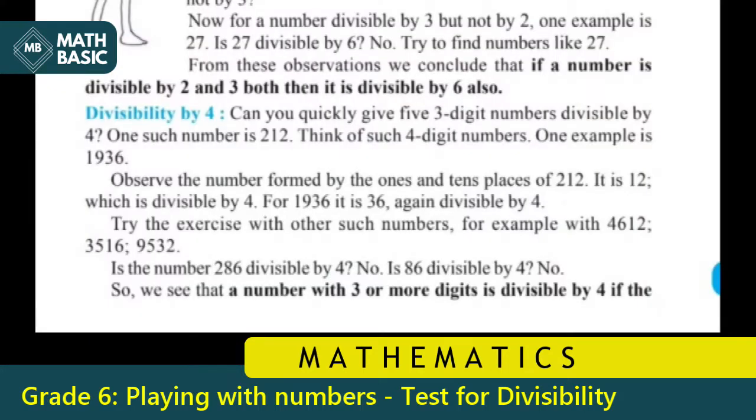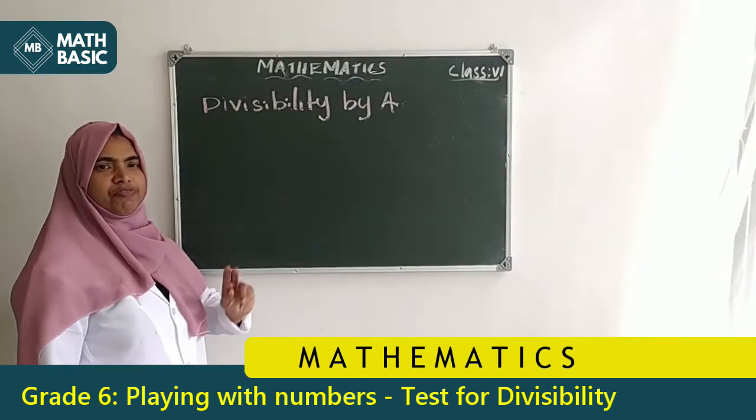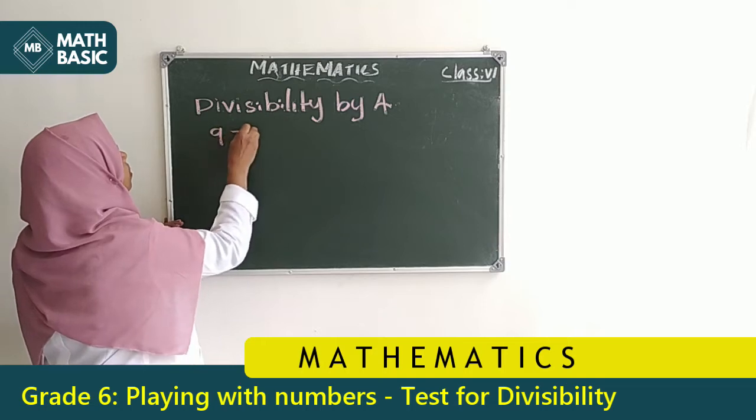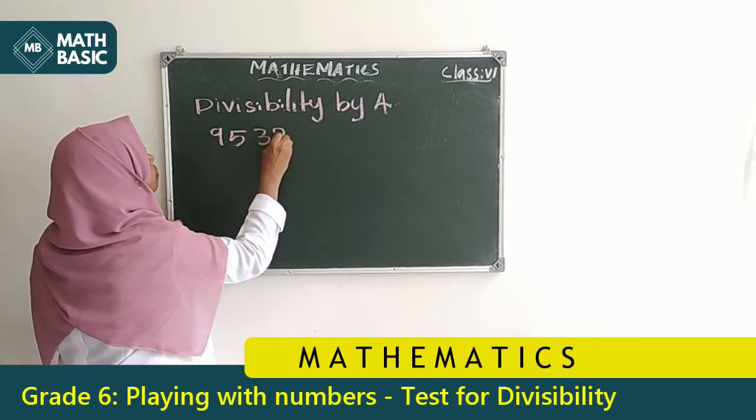Next, divisibility by 4. A number with 3 or more digits is divisible by 4 if the number formed by its last 2 digits, that is the ones and tens, is divisible by 4. For example, 9532.